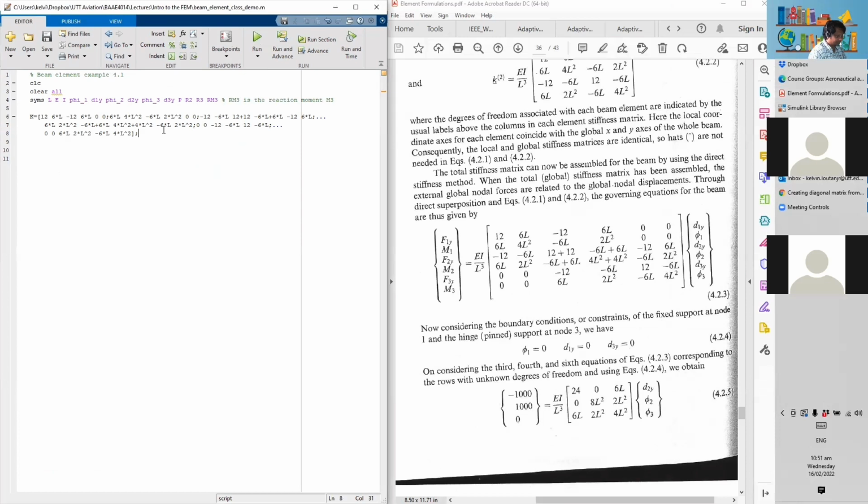That's D1y, phi 1, 0, phi 2, 0, 0. And next was the F matrix. That's in matrix form, as a vector of P.